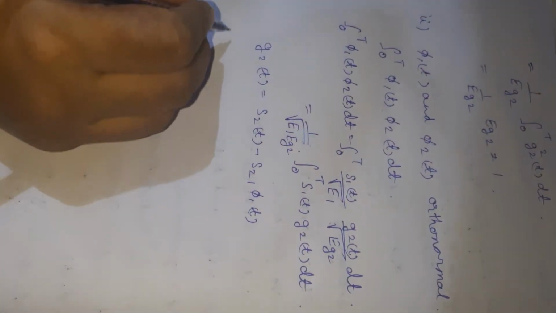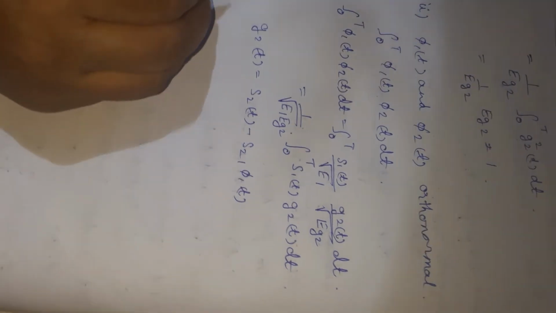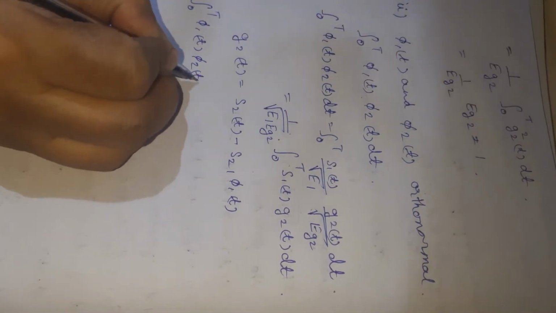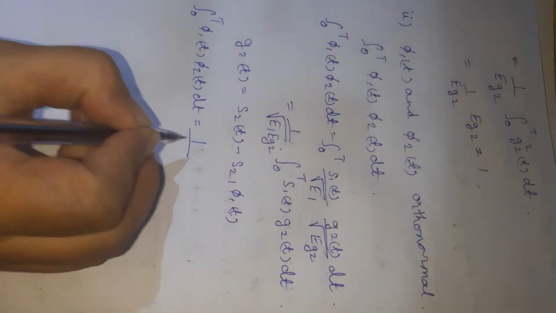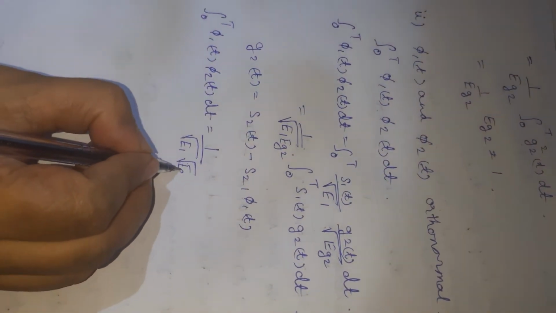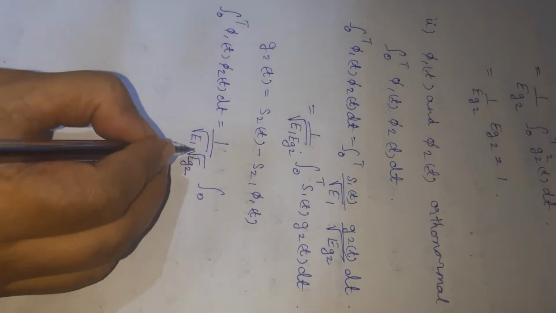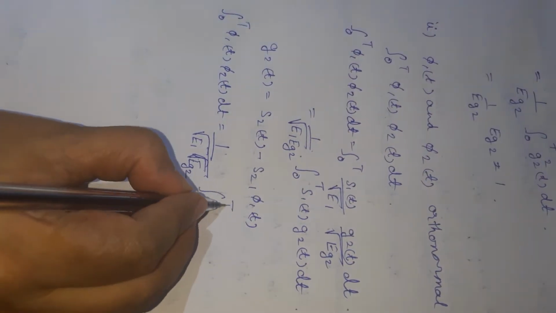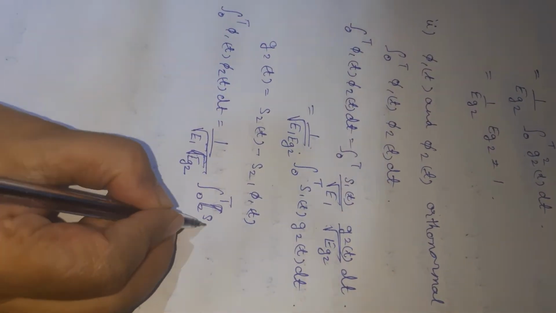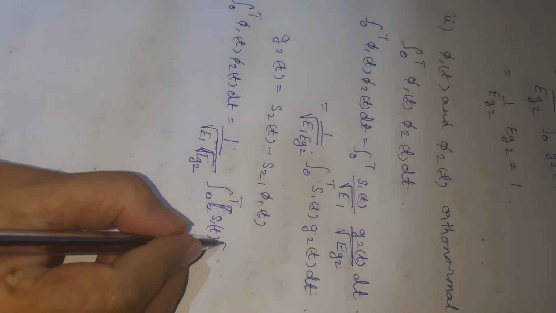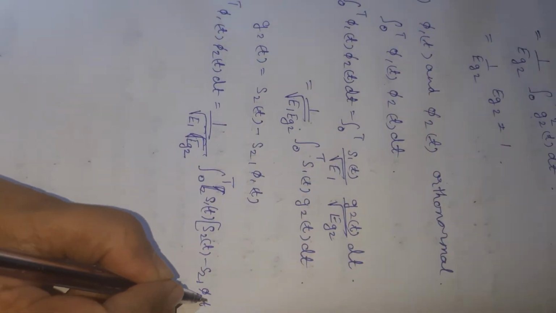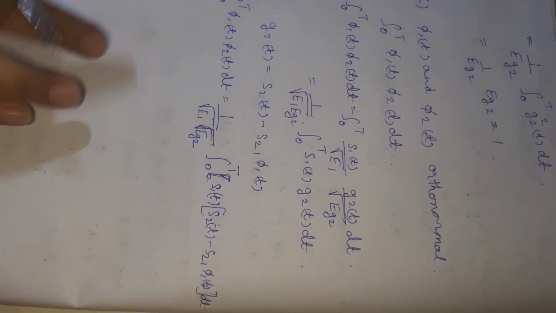So from that we can write it like this: the integration from 0 to T of phi 1 of t phi 2 of t dt is equal to 1 over root E1 Eg2, which can be in one root only, the integration from 0 to T of s1 of t times s2 of t minus s21 phi 1 of t dt.